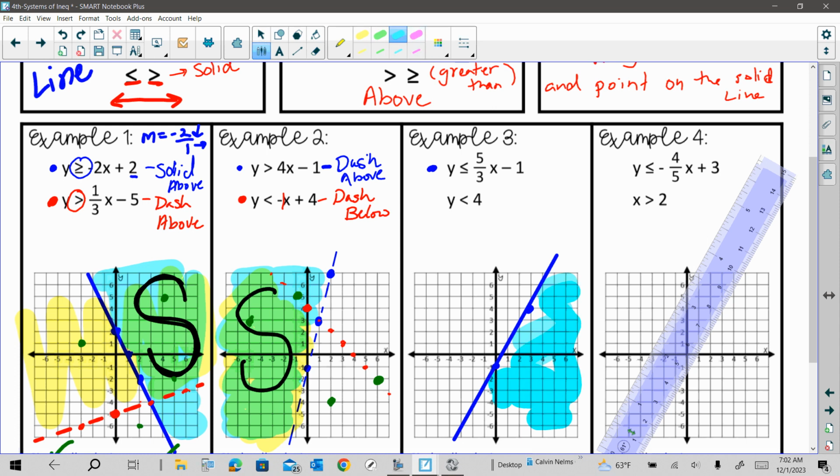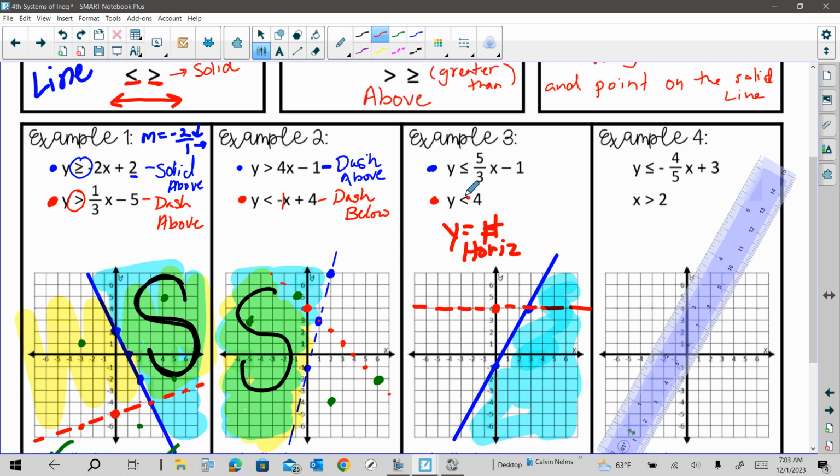All right, and then what we have to remember is this type of line. Whenever it's y equals a number, like such, then this is going to be a horizontal line. So what we have to do is go to that y-intercept, and we're going to do a dash, because it's a dash line here, and it's horizontal.